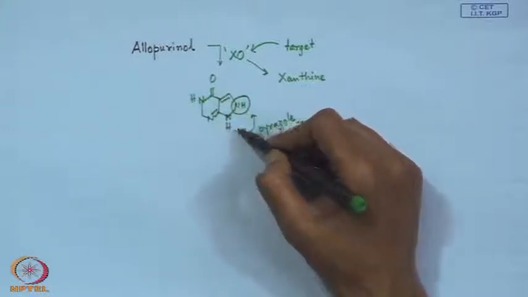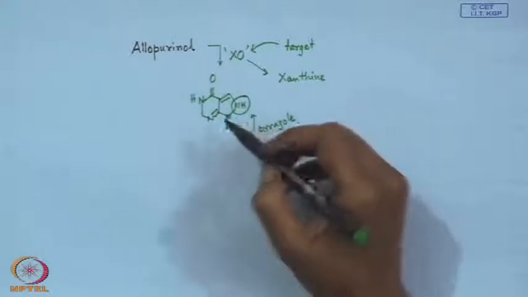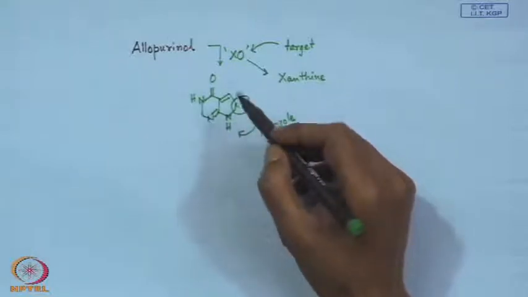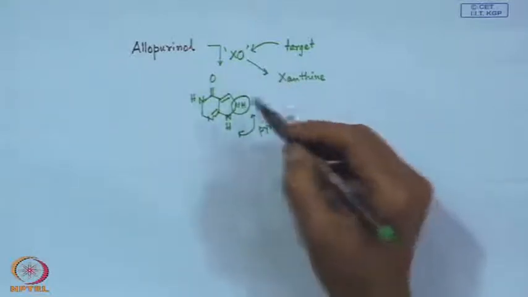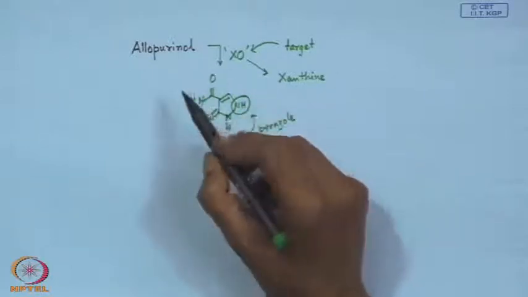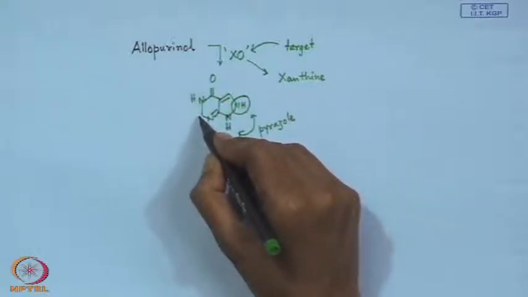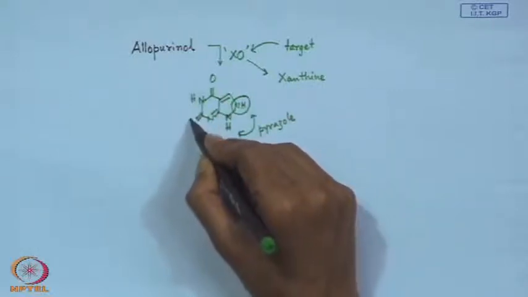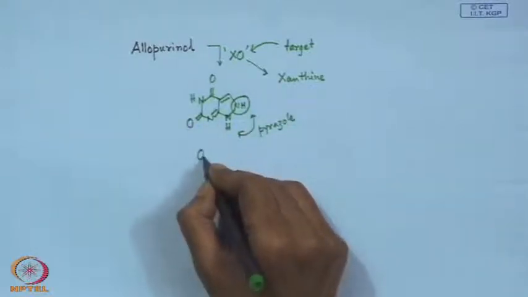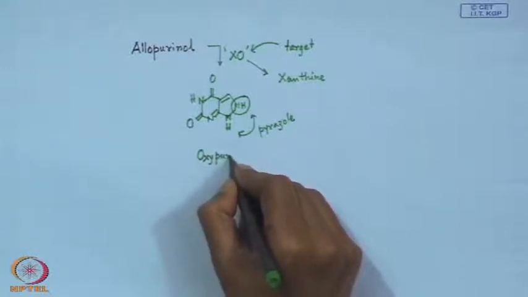So, if this particular ring, the imidazole part, is substituted by the pyrazole part, this can function as a drug instead of functioning as a substrate for xanthine oxidase, and xanthine oxidase can work on this particular drug, allopurinol, and allopurinol is getting oxidized on this carbon now, giving us oxypurinol. So, the product of this is oxypurinol.